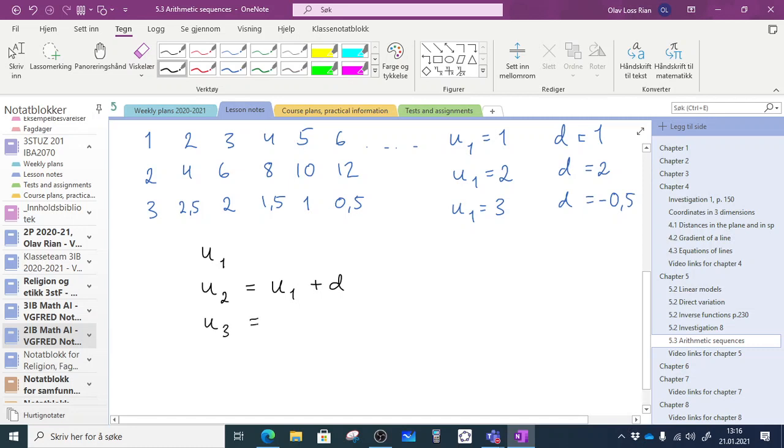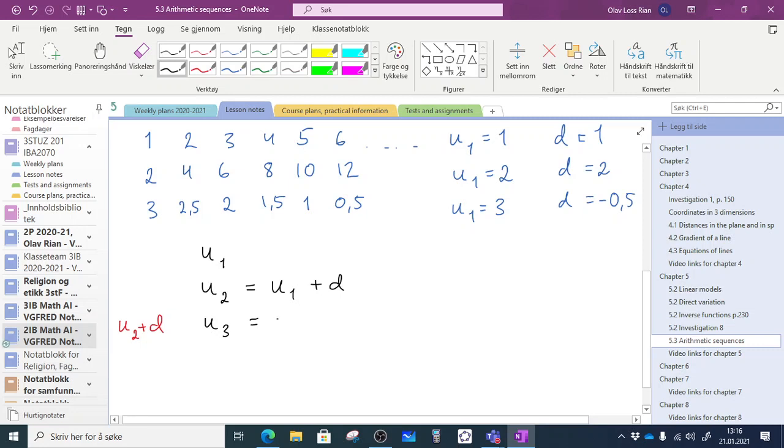U3 I suppose we could write as U2 plus the common difference, but I want to write this using the first term.